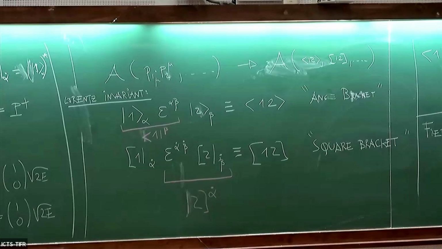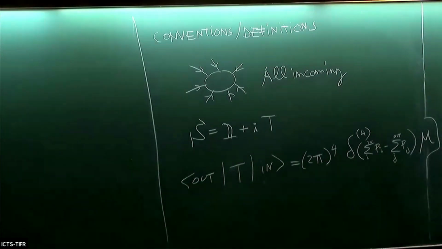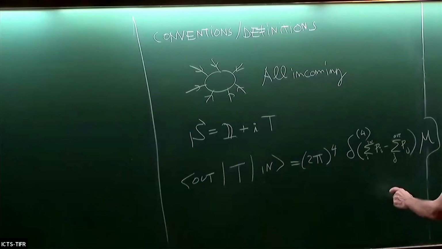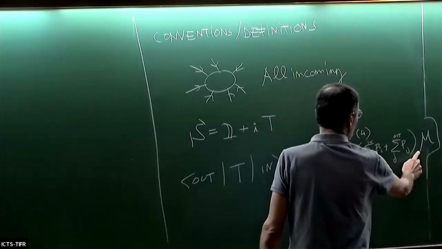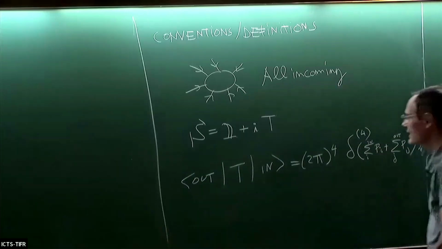I forgot how it was parameterized. This is a delta function of the conservation of momenta, times M, and this is the times A. This is my amplitude.